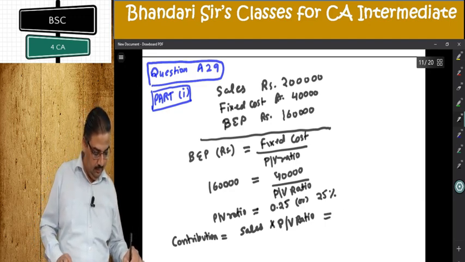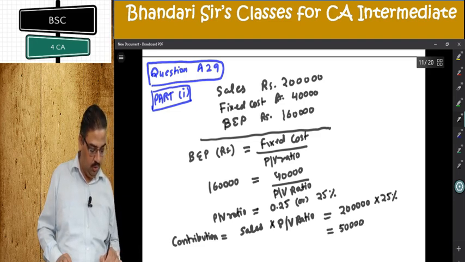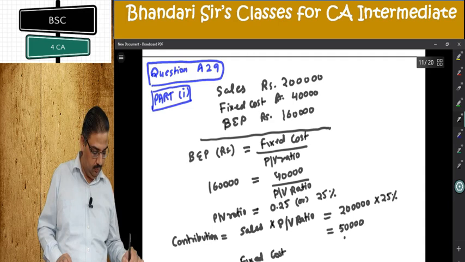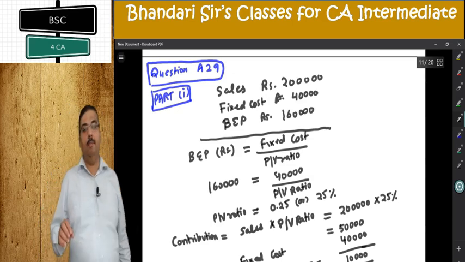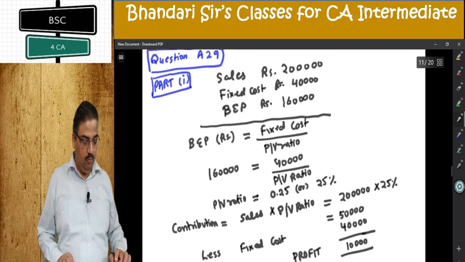So I can get 2 lakh into 25%, 50,000 as contribution, less fixed cost 40,000. I'll get required figure profit 10,000 rupees. That is part 1. Very simple, 2 marks each questions. We reach part 2.